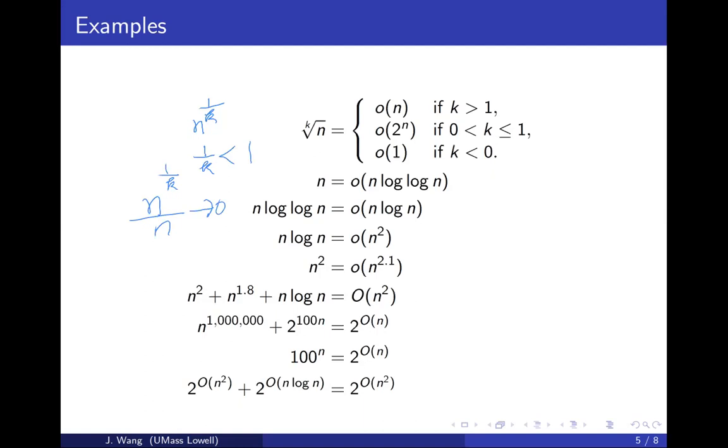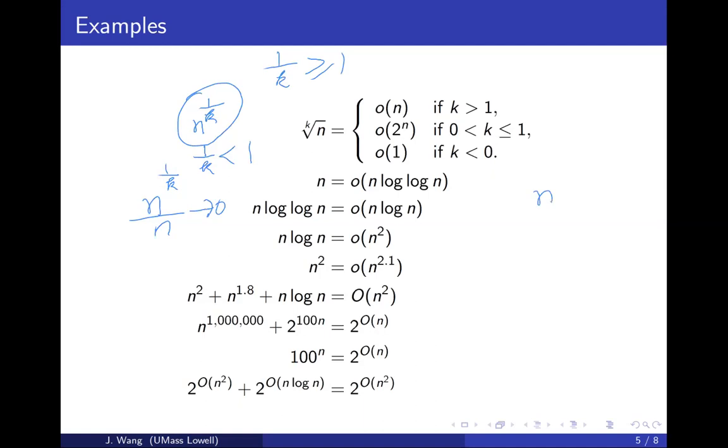And then if k is between 0 and 1, this just means it is a normal polynomial, because when k is greater than 0 and less than or equal to 1, 1 over k is going to be greater than 1.